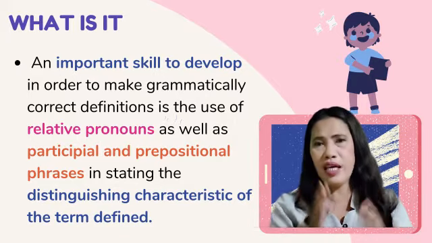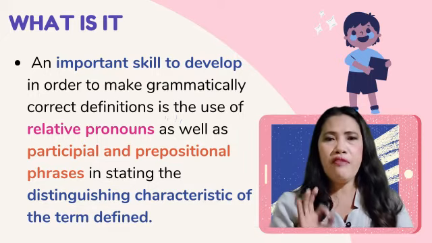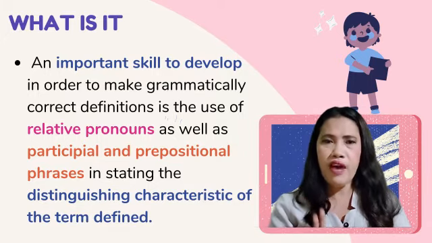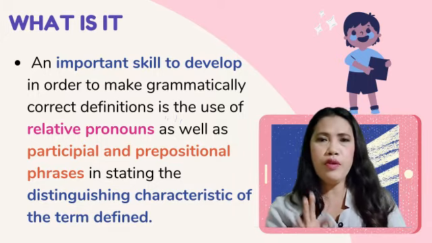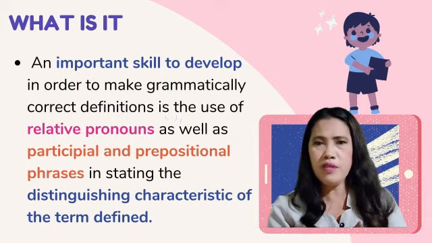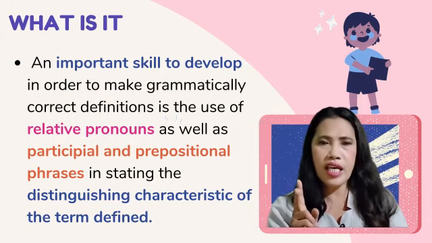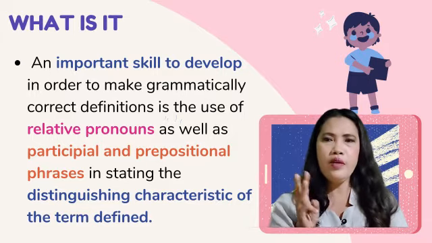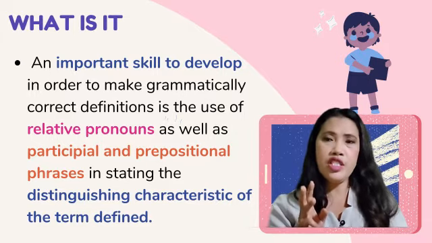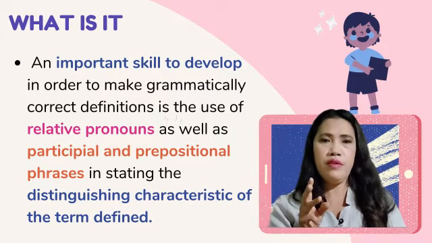To make it simple, we have the definition, or a defining term, and we need to define it with three parts. The first one is the term, the second one is the class, and the third one is the distinguishing characteristic of the term defined.